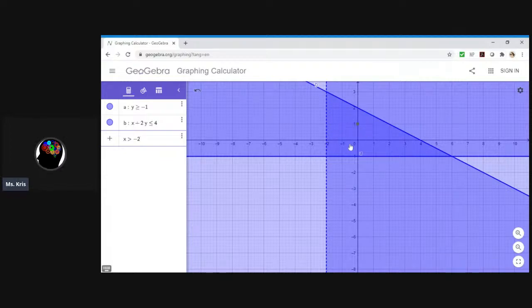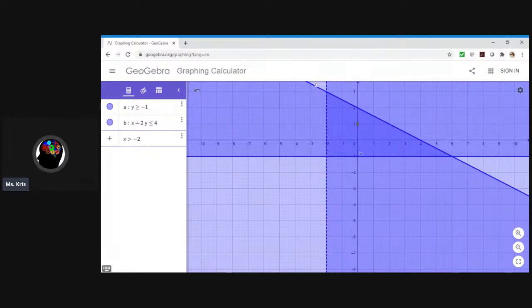Or better yet, the answer you're looking for is within this region. All the points within this triangular region, that is what you're looking for. Those are the ones that are included. So x greater than -2, y greater than or equal to -1 with -1 included, and x plus 2y less than or equal to 4, it will be this region.